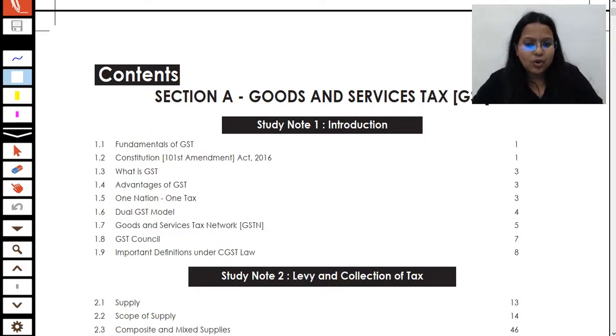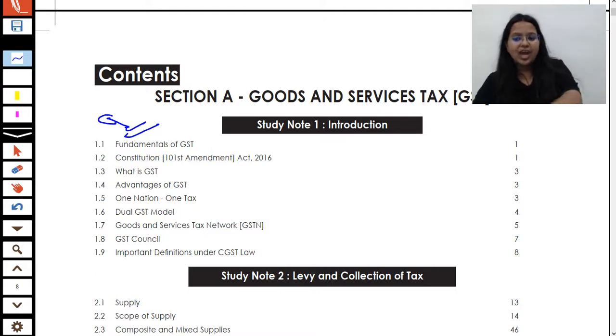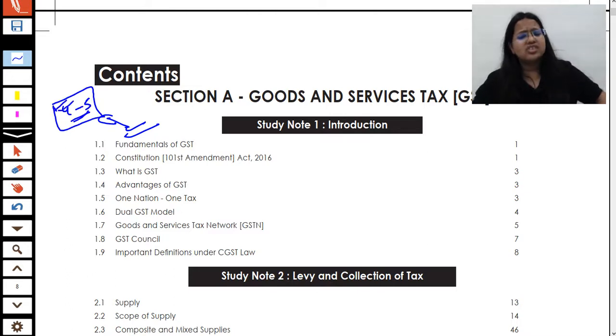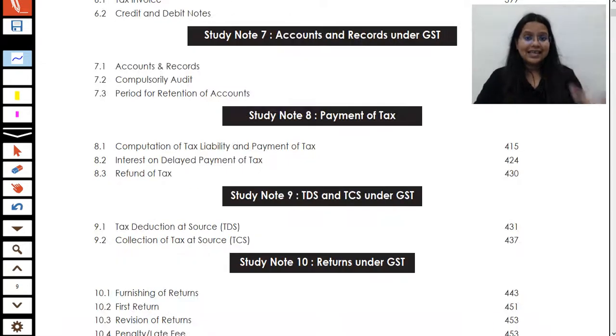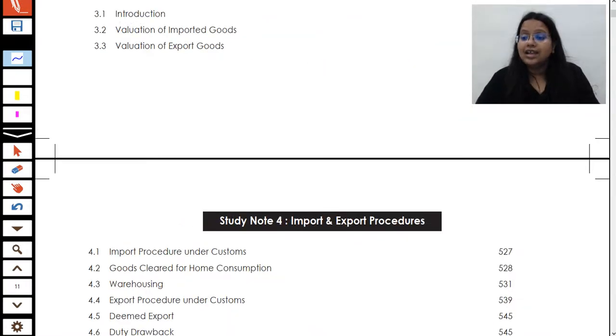In our GST portion, the first chapter is the introduction, that is the basic concepts of GST. Normally from this chapter, questions of 4 to 5 marks have come into examination, and this chapter is very easy. So I'm starting from this basic chapter only. Yes, one another important thing: how many chapters are we going to cover in this particular video?